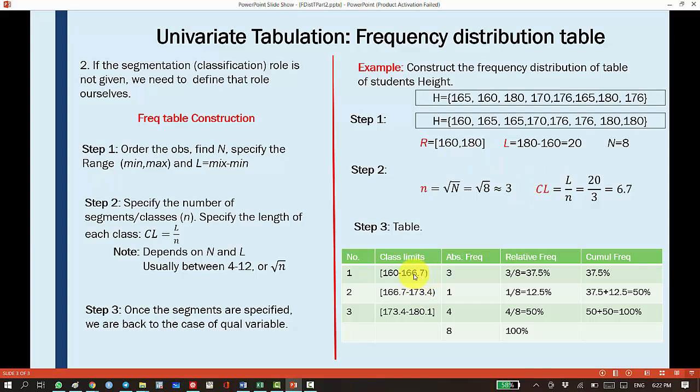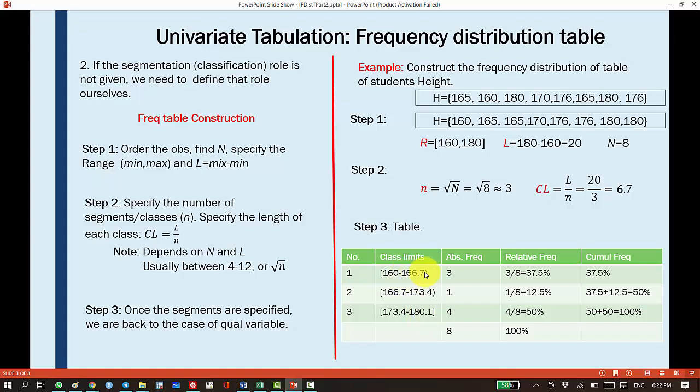That is 160 plus 6.7, which is 166.7. The second class starts from 166.7, the ending point of the previous class, plus the length of the class, 6.7. That is 173.4. The last class starts from 173.4 and ends at 180.1.